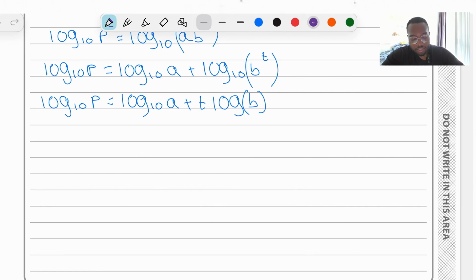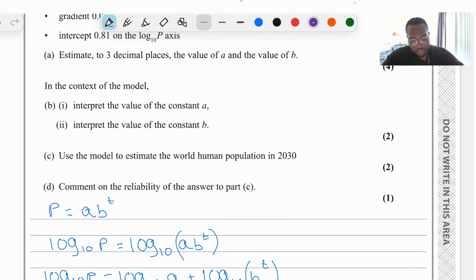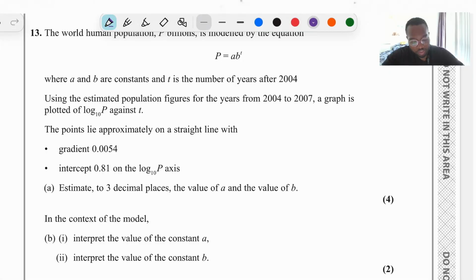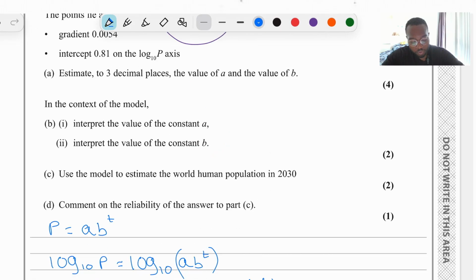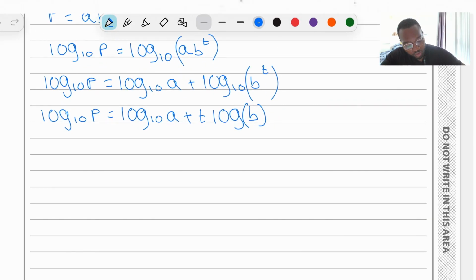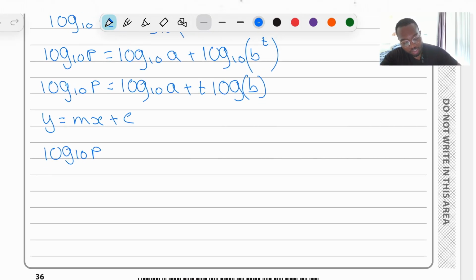Okay, so one thing they tell us in this question is that the points lie approximately on a straight line. Now, what does that mean? Well, we know the formula for a straight line, right? That is just y is equal to mx plus c. And we can rewrite our equation in that form. So effectively, log base 10 P, that is our y value.